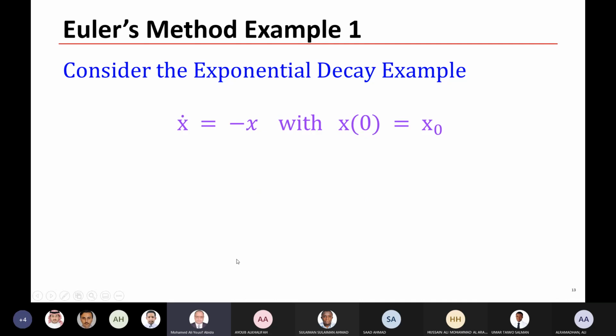Consider this very simple example in which we need to emphasize the selection of delta t and how delta t can affect the solution.